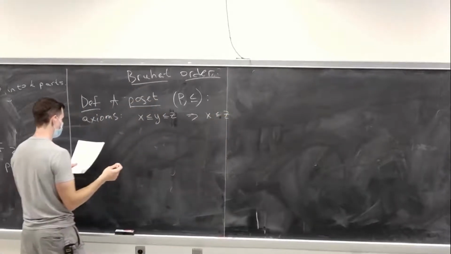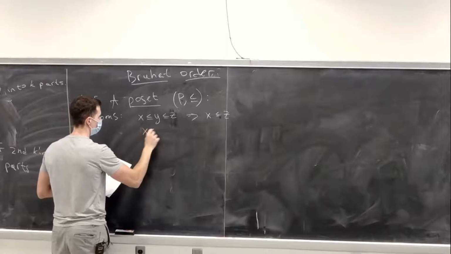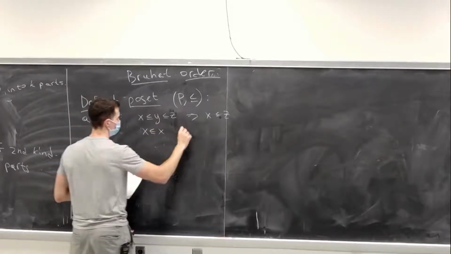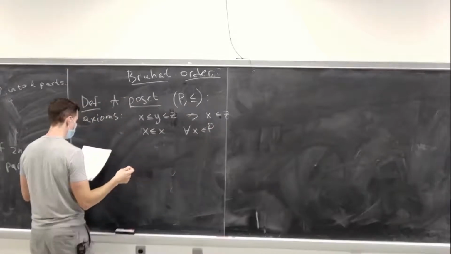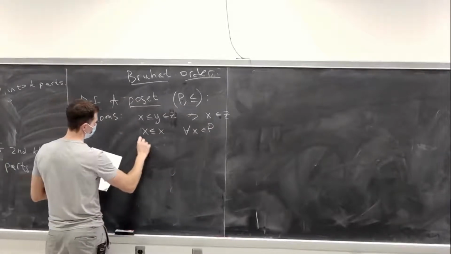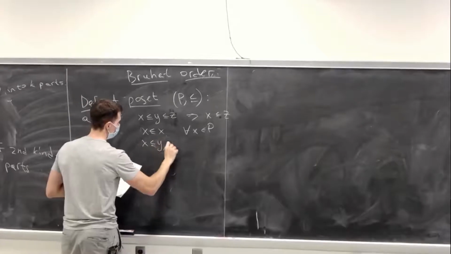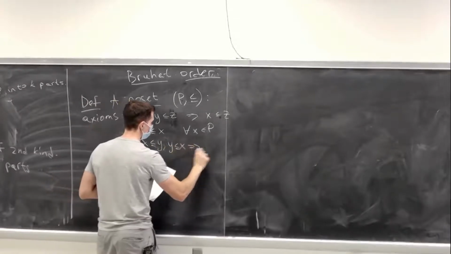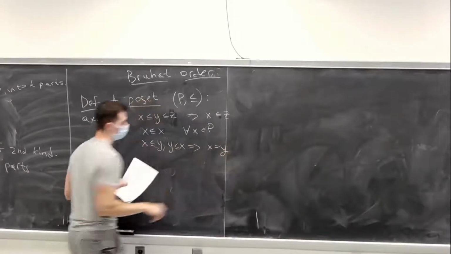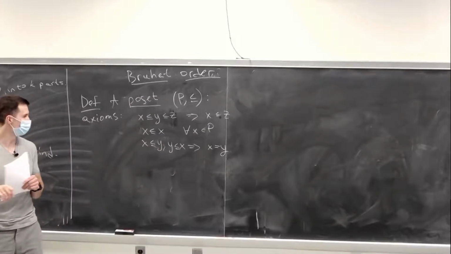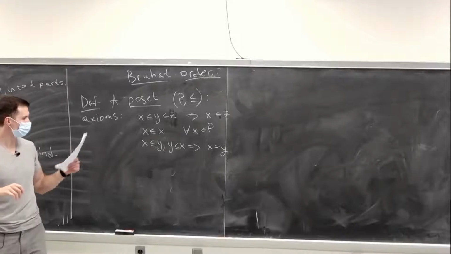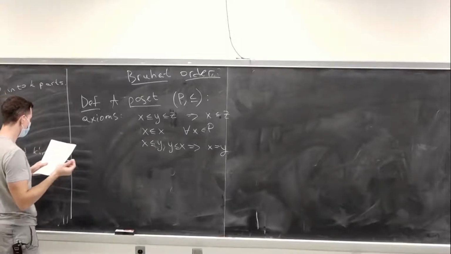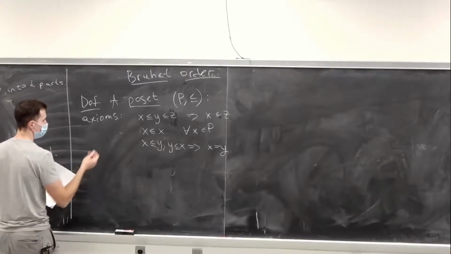The relation also has to be reflexive for all x in P, and it also has to be antisymmetric. Right? So this is a partially ordered set.